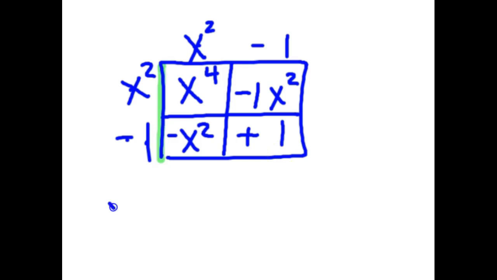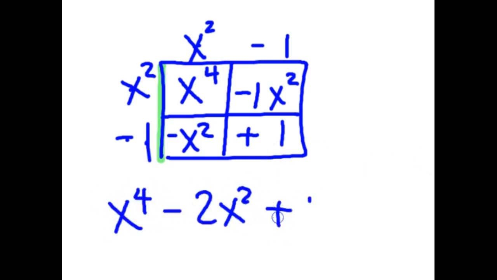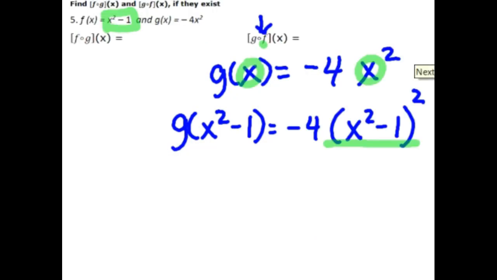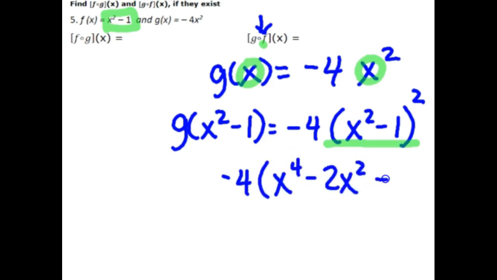To square that, you have to multiply it out with a box problem or FOIL. And so this is equal to, still have the negative 4, x to the fourth power minus 2x squared plus 1.